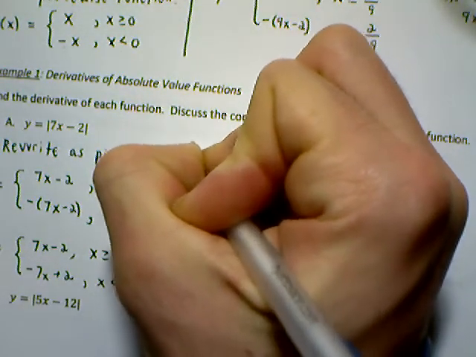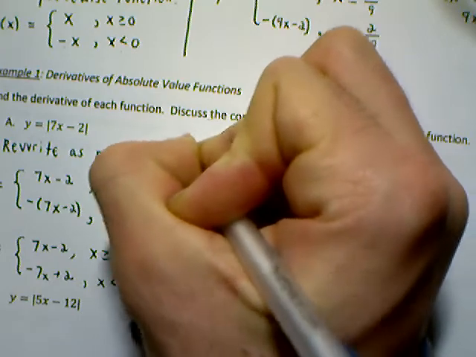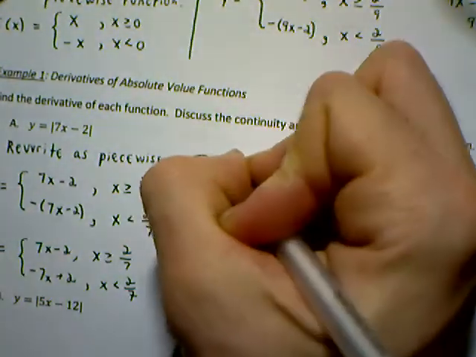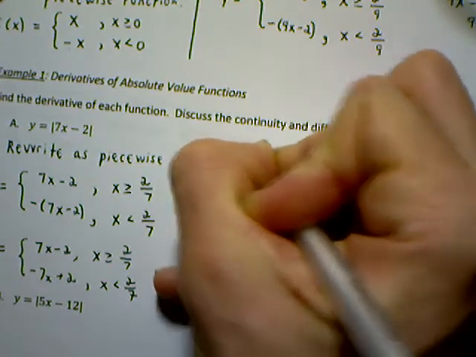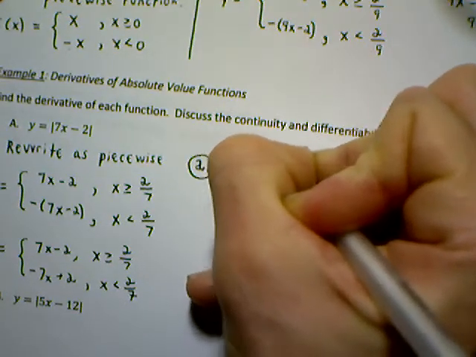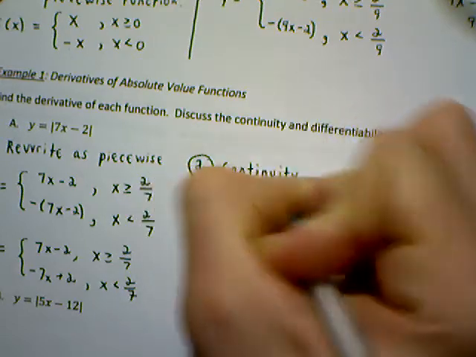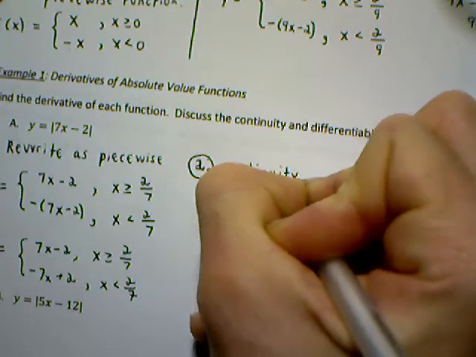A trick is that absolute value functions are continuous everywhere. You can just memorize that if you want. But if you really want to check the continuity and know for sure, you can think back to the other lessons we've done, and you can check if the left-hand limit equals the right-hand limit.